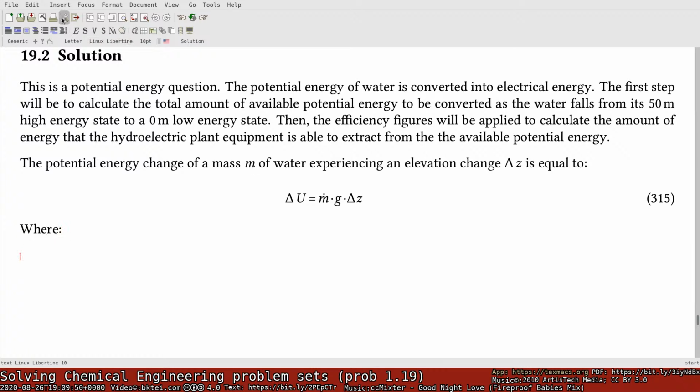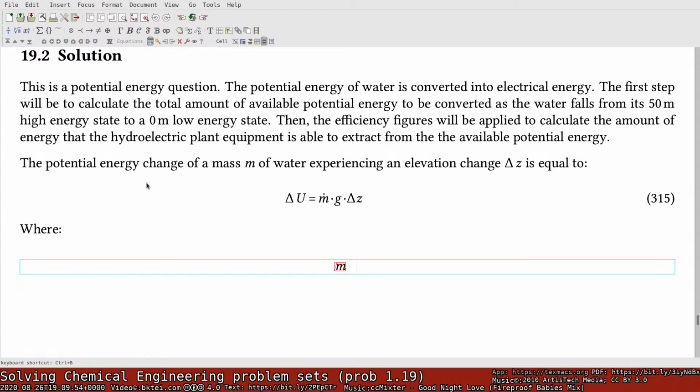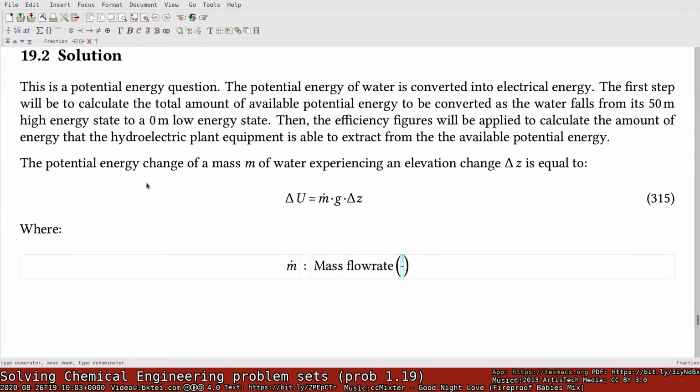So let's do a where explanation. Where M dot is the mass flow rate, in units of kilograms per second.